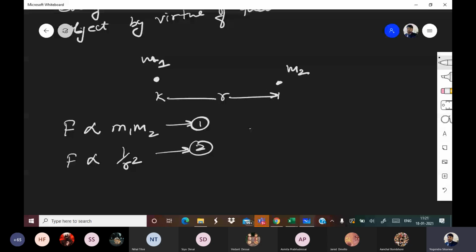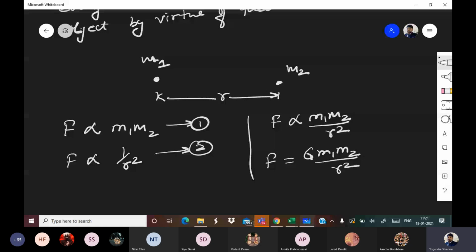If we club these two, we get F is proportional to m1 m2 upon r square, and when we remove the proportionality, we get F is equal to G m1 m2 upon r square.